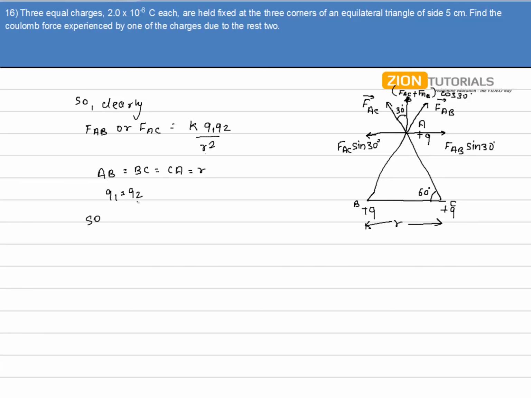So FAB is equal to FAC, and hence I can say that FAB sine 30 degrees will also be equal to FAC sine 30 degrees. So this component and this component will be equal and will get cancelled with each other.